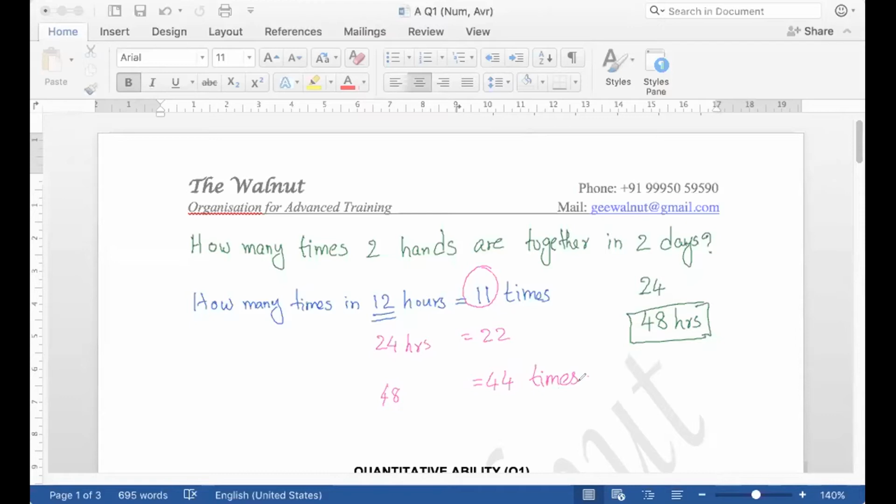And a similar question you can expect in competitive exams: how many times are the two hands of the clock opposite to each other in 3 days of time? So opposite means 180 degrees. Together means 0 degrees. So how many times does that happen in 3 days?